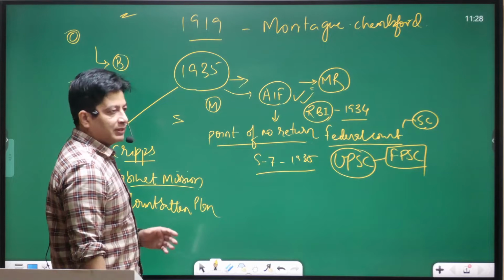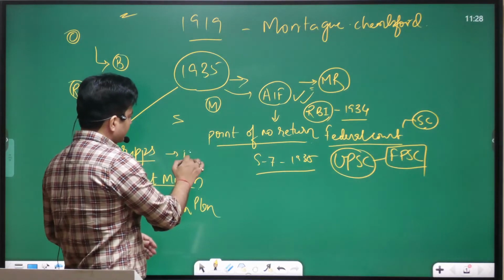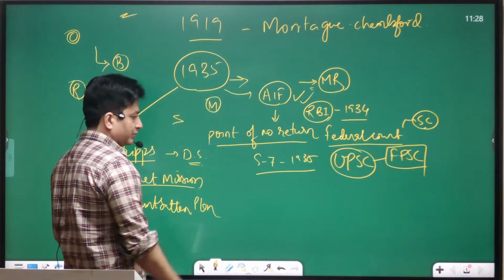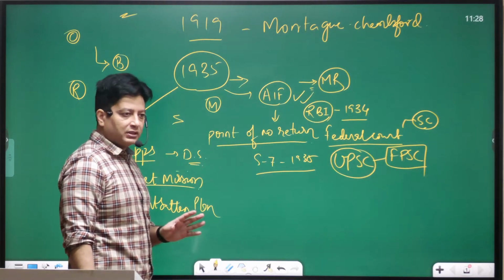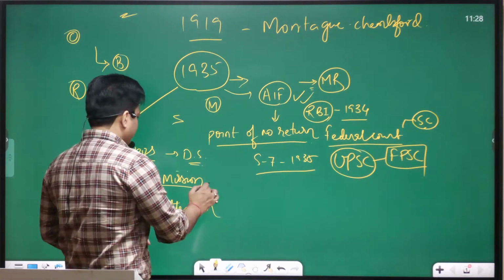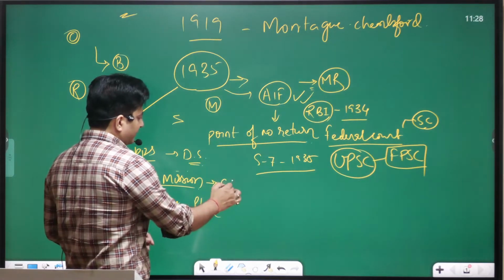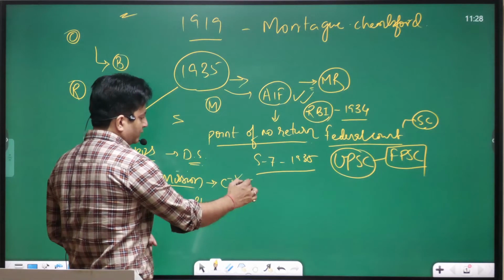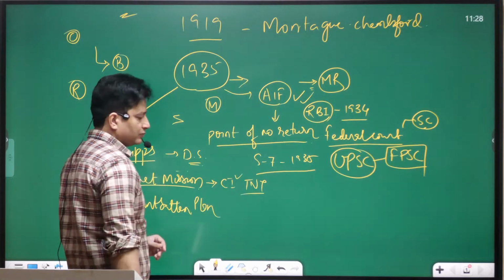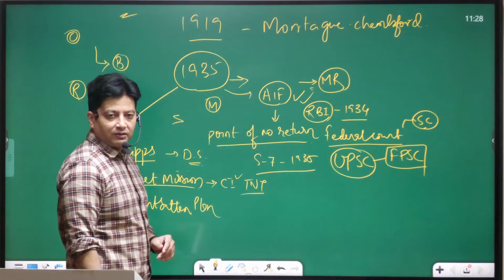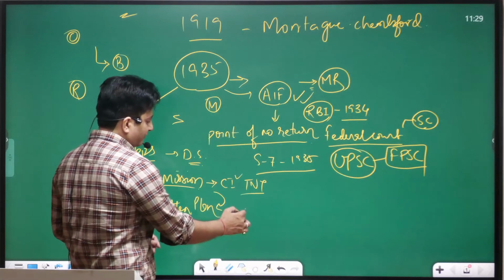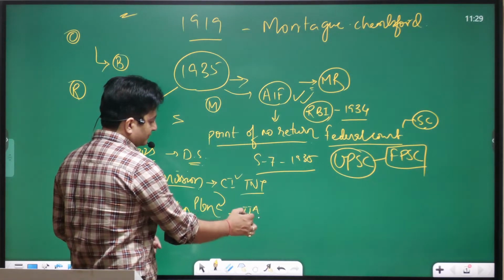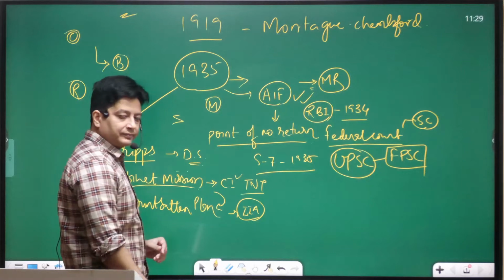The Cripps proposal, I told, Dominion status means half rule. We rejected it and demanded complete independence, Purna Swaraj. In the Cabinet Mission plan, complete independence was granted, but the two nation theory was not accepted, which was improved upon in the form of the Mountbatten plan, and it was ratified as the Indian Independence Act.